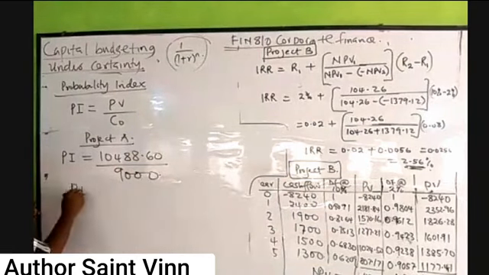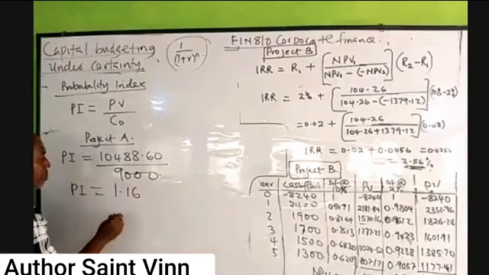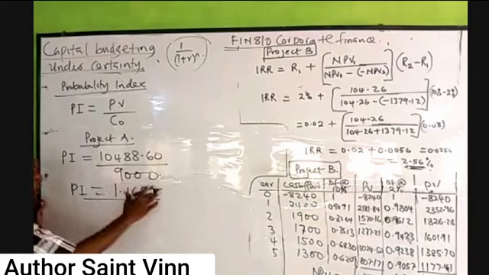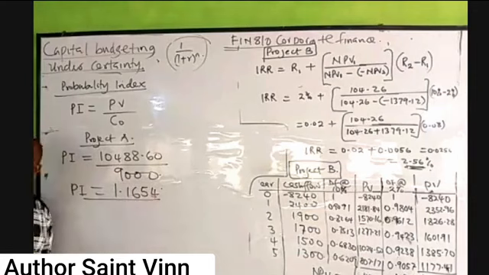Somebody divide. We got 1.16, and the PI is 1.16. Good. This one has settled. Very good. Now project what?